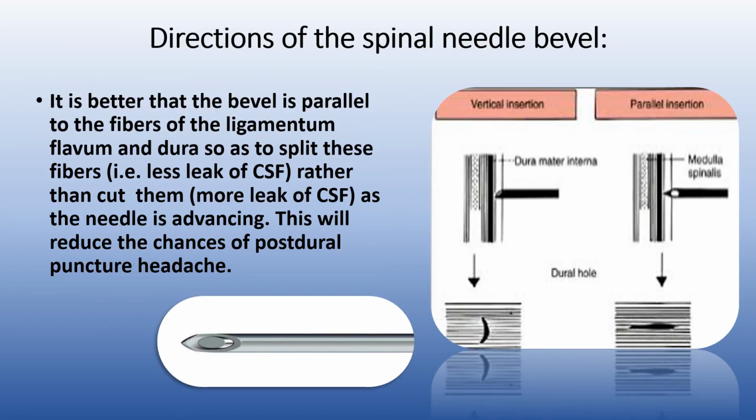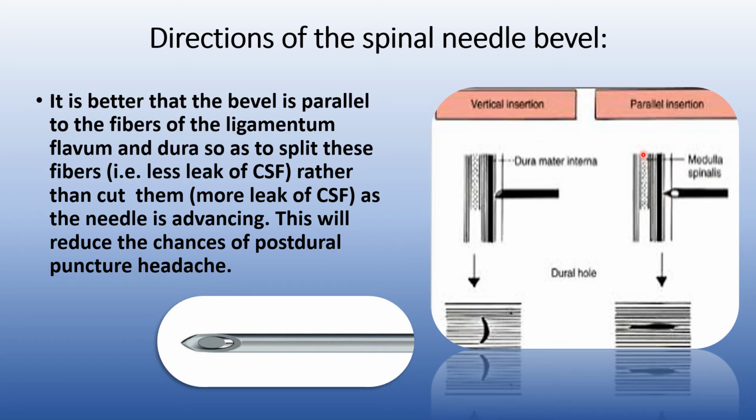Now we are going to talk about the direction of the spinal needle bevel, i.e., how do we hold the needle? Where does the bevel face? It is better that the bevel is parallel to the fibers of the ligament, like this. This is the bevel, so the bevel should be faced laterally.